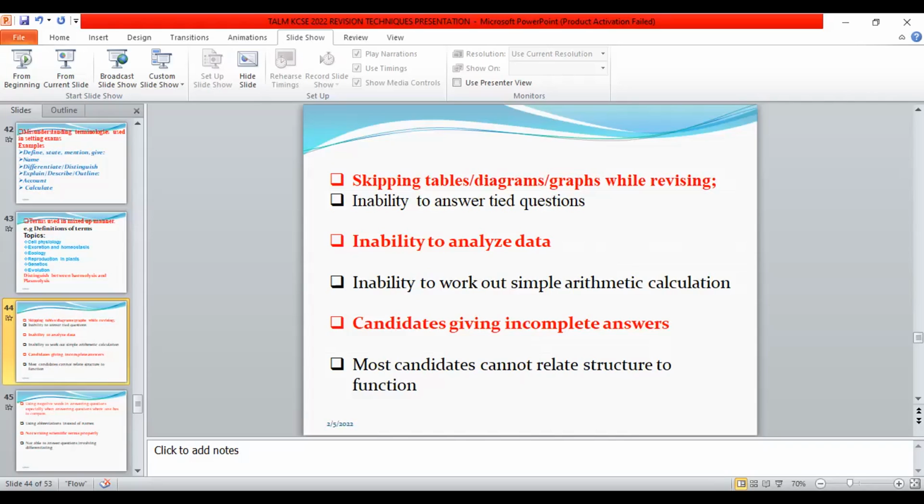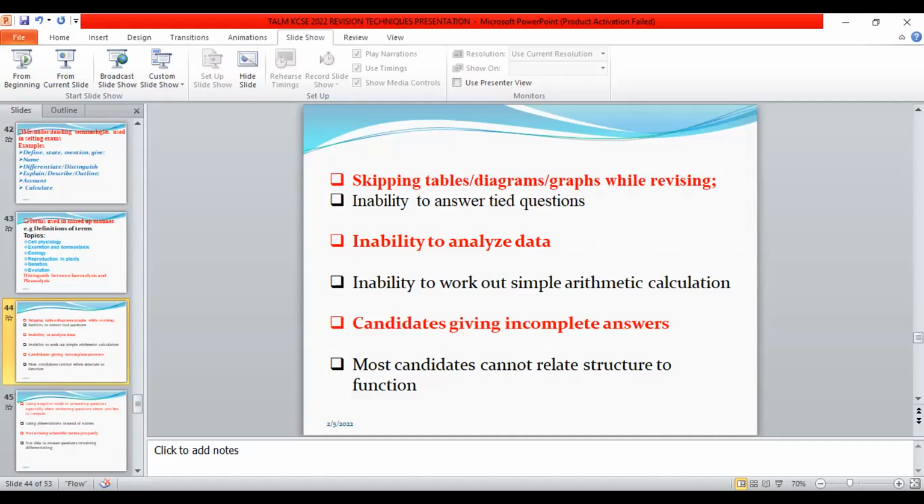For the candidate to score, if that question on adaptation is earning 1 mark, they need to know that this 1 mark will only be scored if they mention the feature, the modification, and the significance. Those 3 must be there in order for them to score on that 1 mark if the question is carrying 1 mark, and it is expecting them to relate the structure to the function.